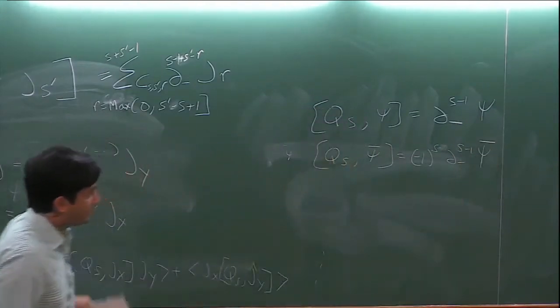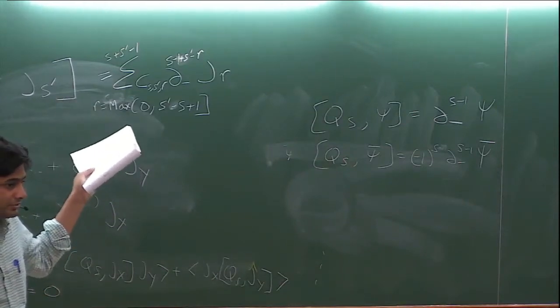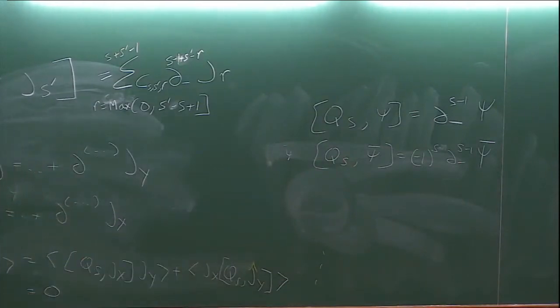Then using the expressions for currents, one can explicitly derive what the C's are in free theory. But for our purpose, we're simply assuming that the charges exist, and we want to show that if a higher spin charge exists, the theory is free.